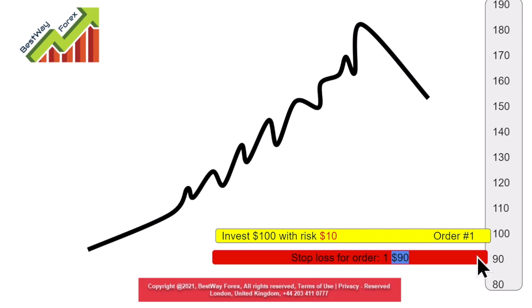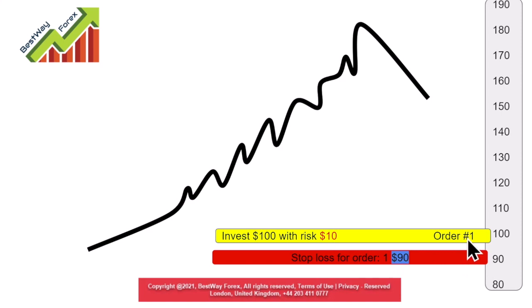So stop loss is number 1 that you have to identify before you are entering a trade. Once you enter that trade, you will use that stop loss all the way through this strategy. In this example, our stop loss value is $10.